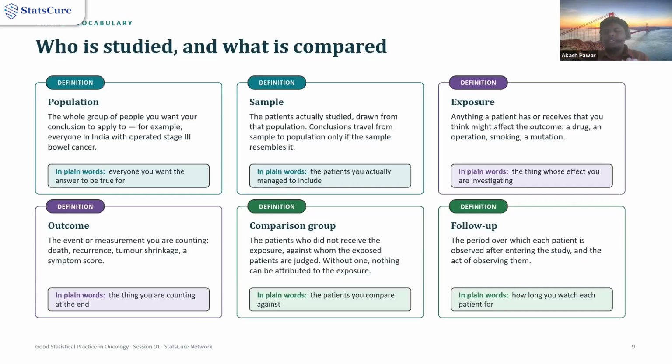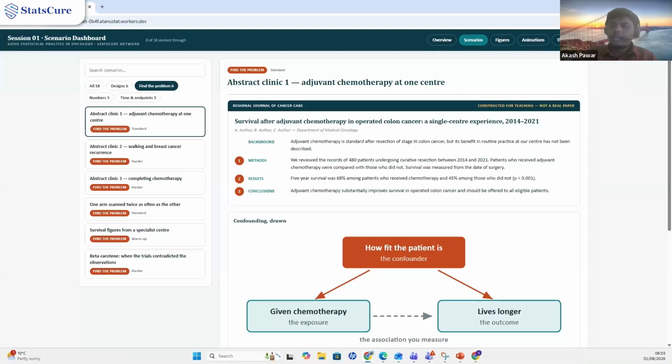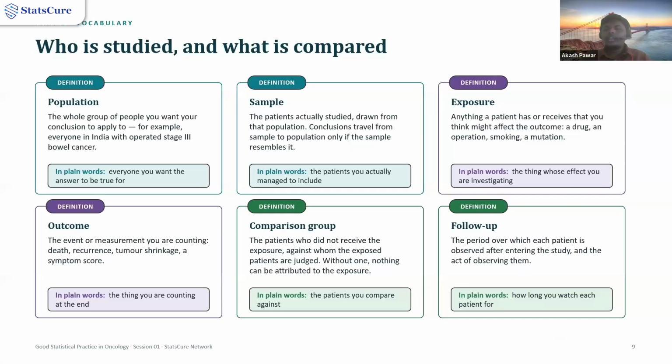Next comes the exposure. As we all know, what is going to be the exposure? In some clinical trials, it is going to be a treatment which you give, based on which you seek the outcome. But in a disease scenario, it can also be some kind of mutations they have, or habits like smoking, because of which the disease has occurred.